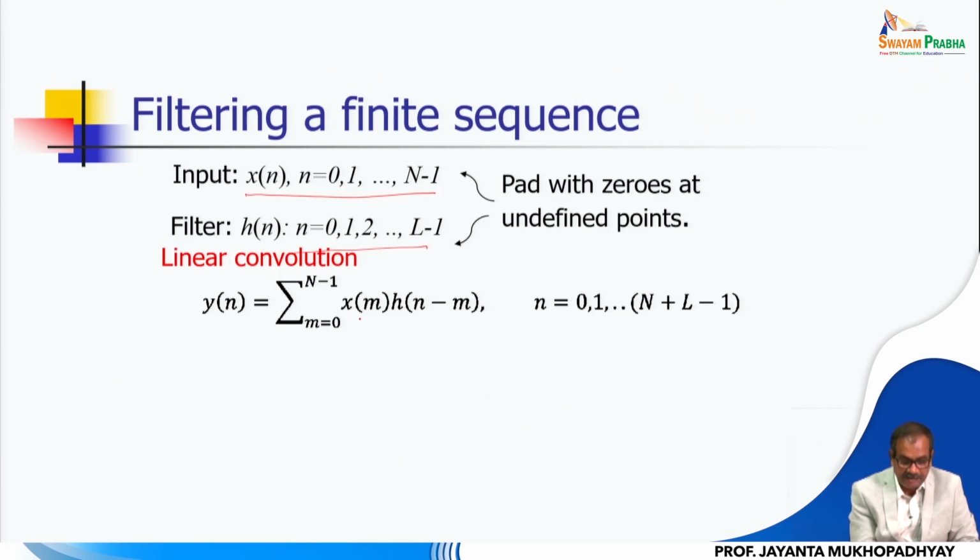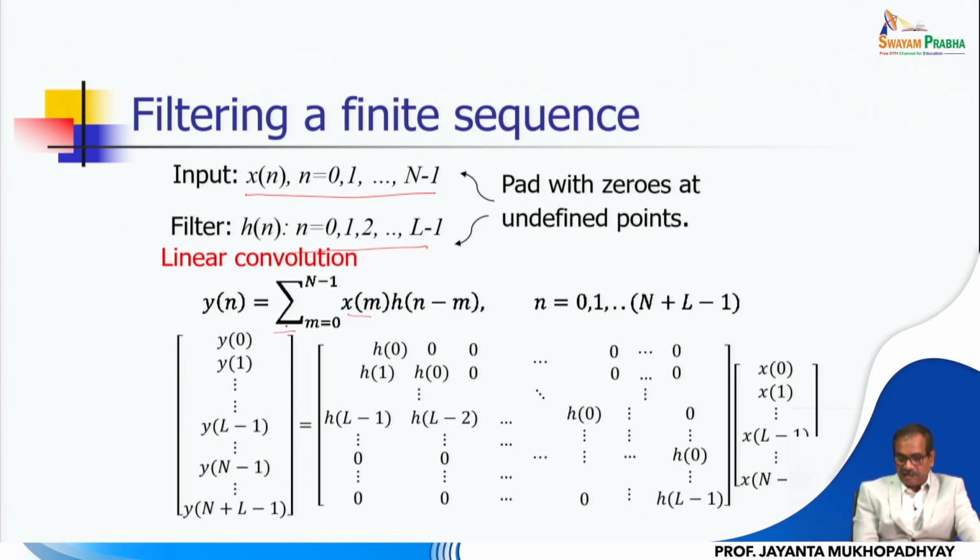I explained that this is the way convolution is computed. You are shifting the filter response at every instance of input excitation, and then the aggregation of those responses, scaled by the input excitation at any time point, will give you the final response. So this aggregation is given by this sum.